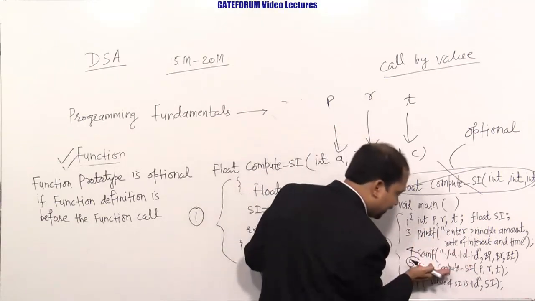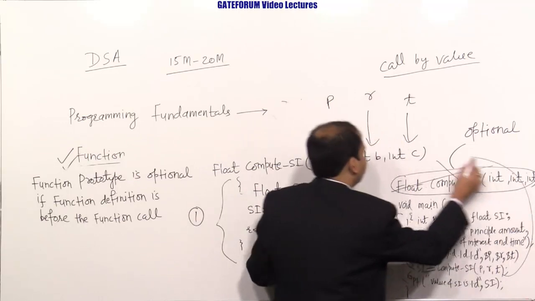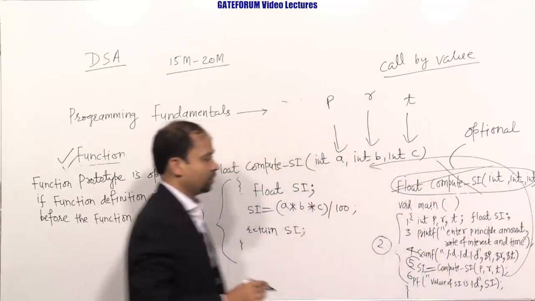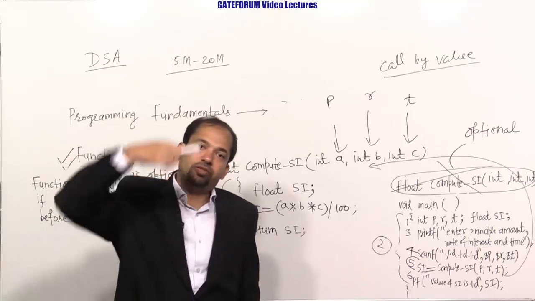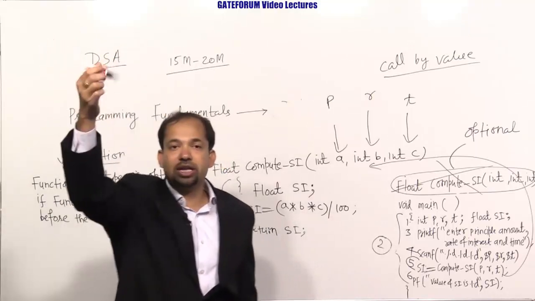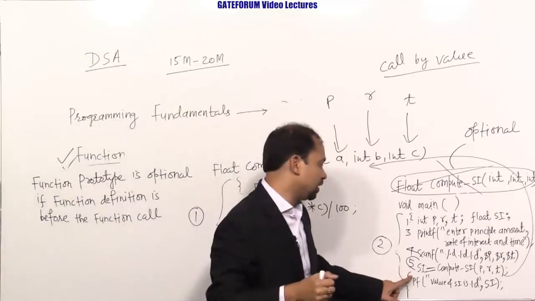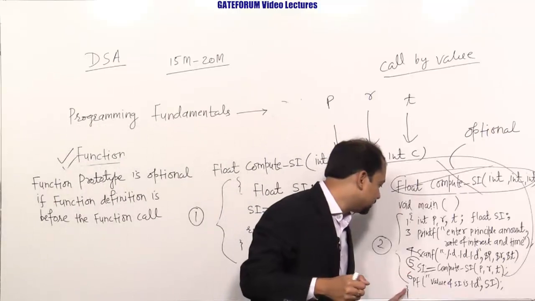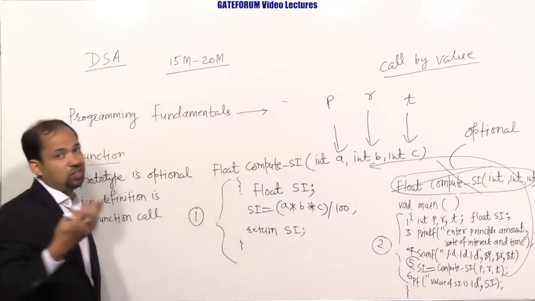So the sequential execution will stop. Now control will go to the definition of the function. Whenever there is a function call, we first go to the body of the function, execute the function, and when the last statement of the function gets executed, we come back and then execute the sixth statement. This is common, you are aware of it.